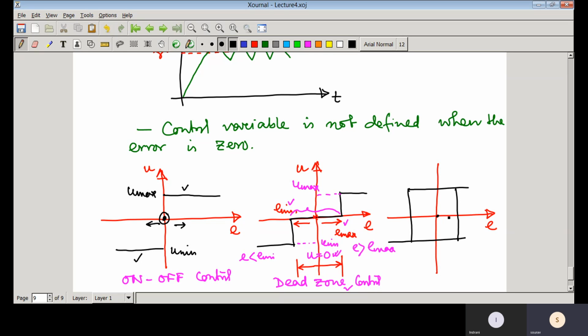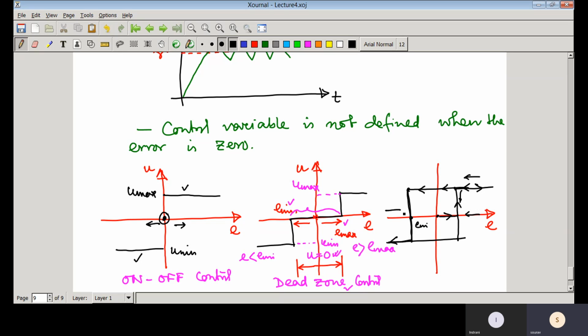Suppose you start from here, and the error is increasing positive, so it is 0, and whenever the error reaches E max, it suddenly jumps to this value, and as the error keeps increasing, it goes like this. But whenever the error is decreasing, it follows this path. Instead of jumping here, it follows this path, and then whenever error equals E min, it jumps from this point to that point.